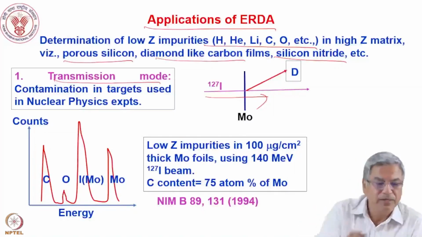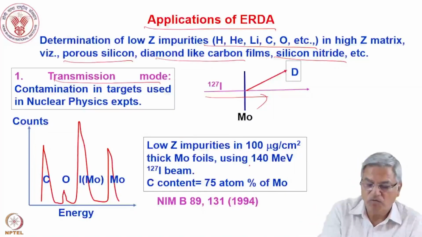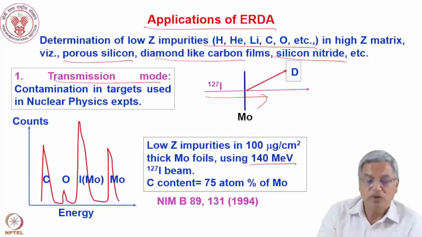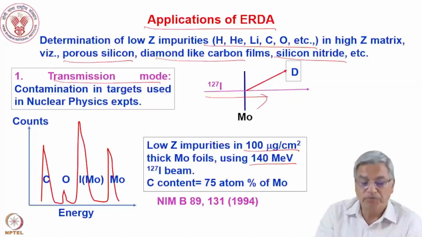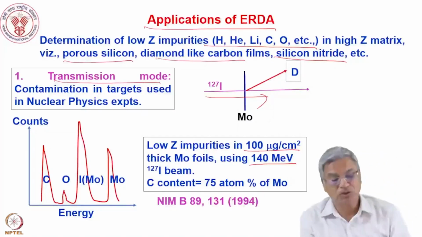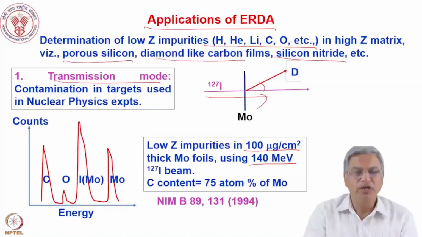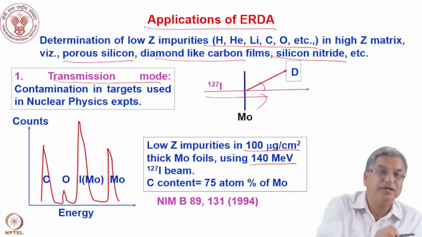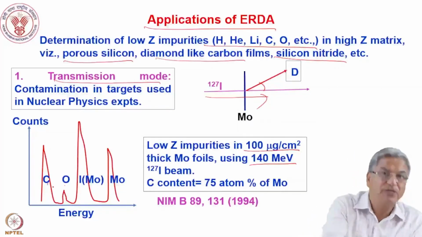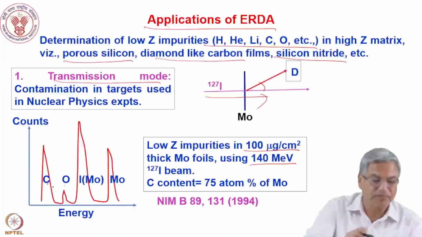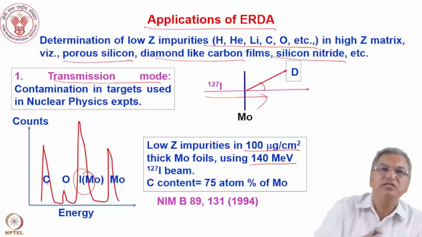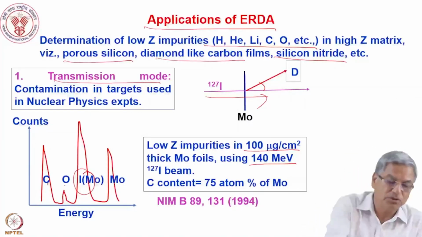So you have an iodine-127 beam of 140 MeV, and you are determining the impurities in a molybdenum foil of 100 microgram per centimeter square thickness. You can put the detector at a forward angle, and now you will get the spectra due to different impurities like carbon and oxygen in the form of narrow peaks. This is the iodine elastically scattered from molybdenum, which is not of interest.